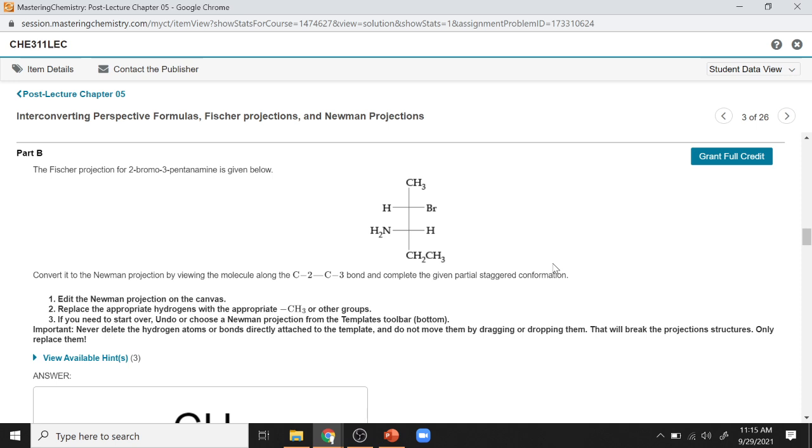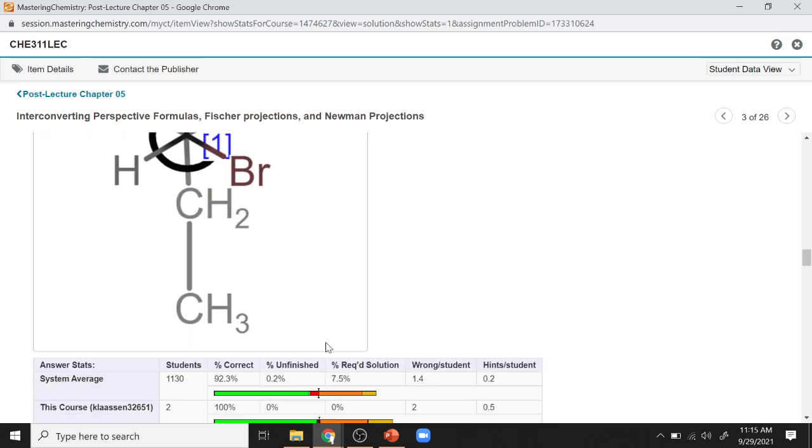But we know a rule to help us out when we're not eclipsed, right? When we're in the staggered formation. Specifically, we can make this pretty easy on ourselves by doing 180 degrees staggered formation, right? When we're doing 180 degrees, well, this one will be on the opposite side, won't it? So we'll have the CH2, CH3 going to the bottom, right?